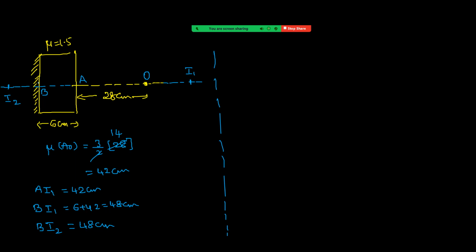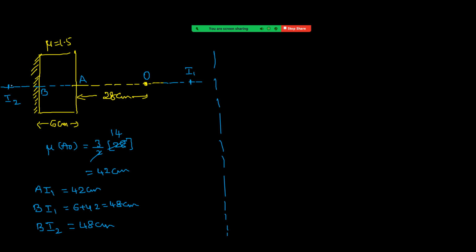After reflection, rays fall on the front face, right? Its meaning is that this I2 acts as object for this face. I am repeating: light rays after reflection are incident on this face. Its meaning is for this face, this image I2 acts as object.